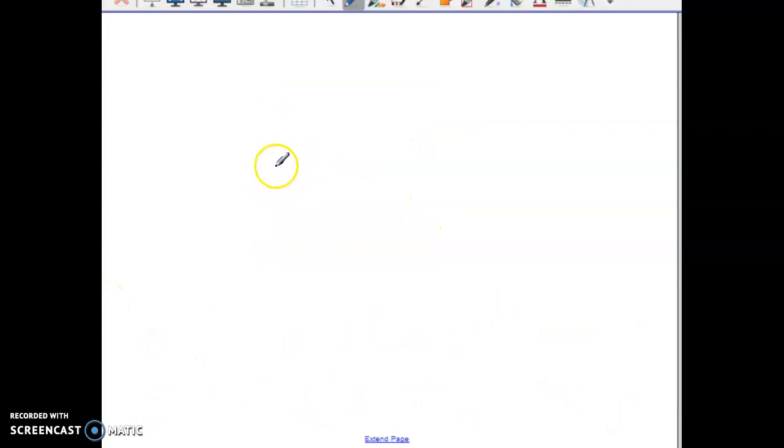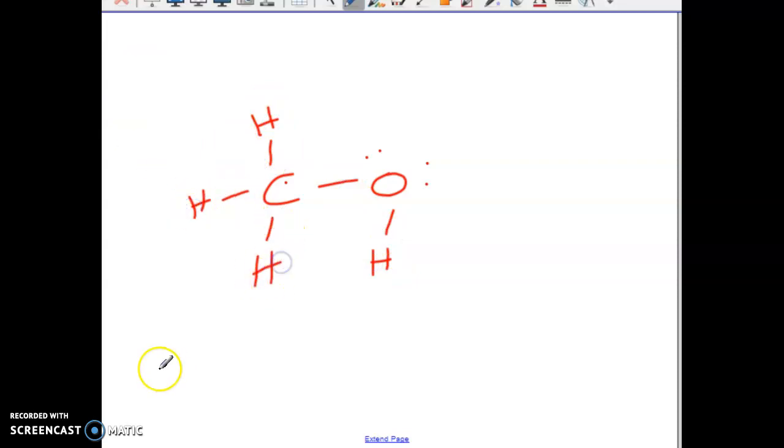Yeah, that's pretty straightforward. So let's say we had a carbon and an oxygen, something like this. Now carbon is a central atom, and so is oxygen, because it has extra electrons bonded to it on the other side. So carbon has 1, 2, 3, 4. So that's tetrahedral again.